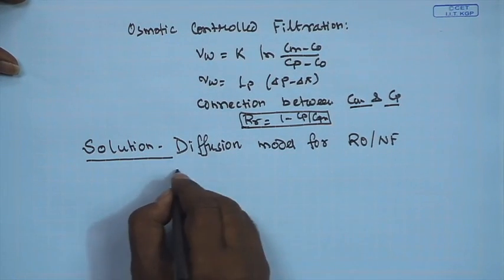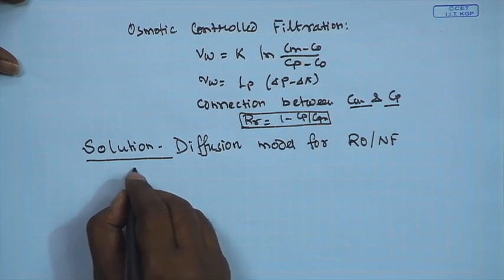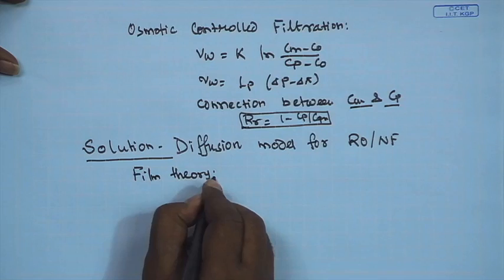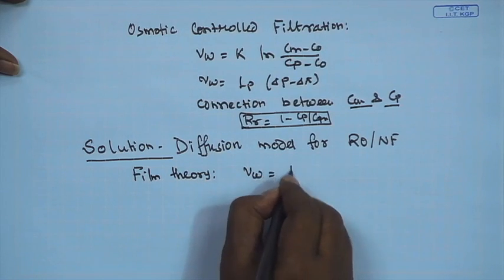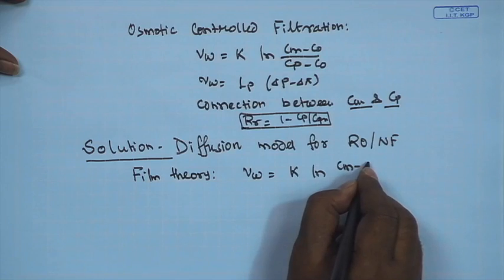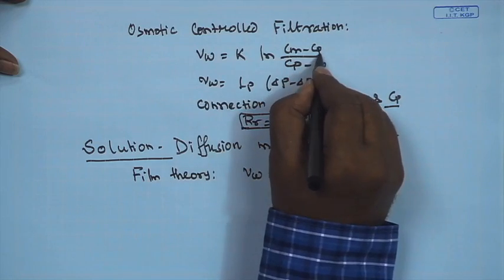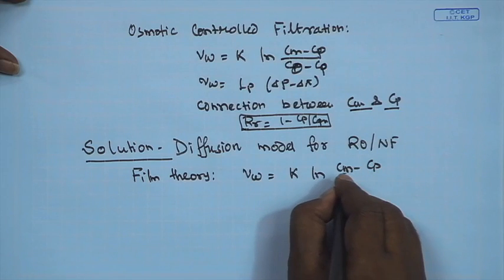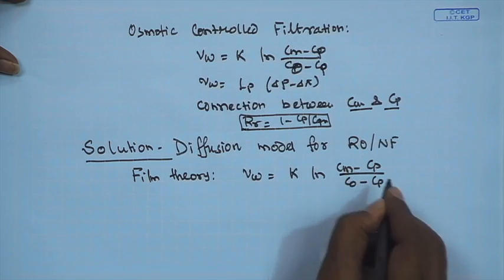One equation is the film theory, Vw is equal to k ln of Cm minus Cp divided by C naught minus Cp.